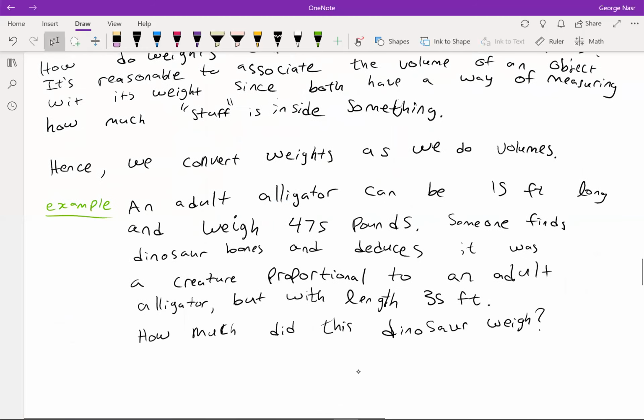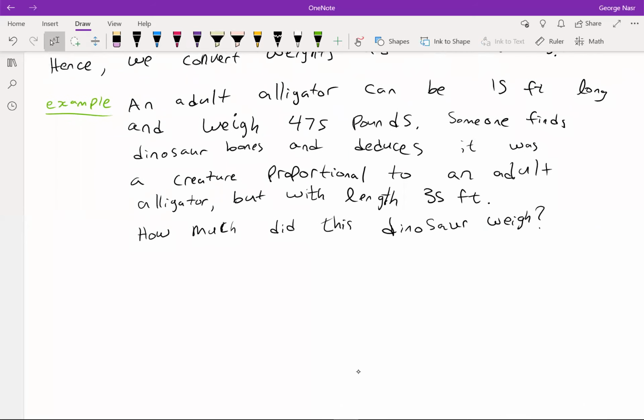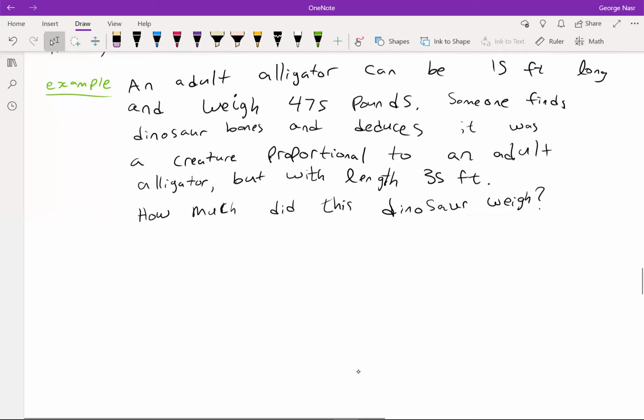And this can be useful if you're someone trying to approximate weights of things that no longer exist. So let's check out this example. An adult alligator can be 15 feet long and weigh 475 pounds.